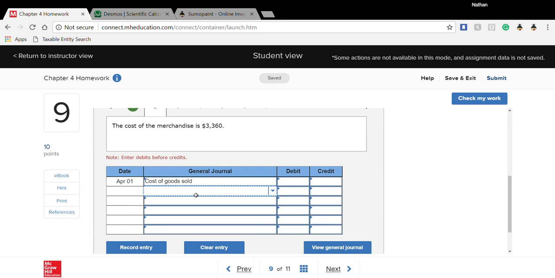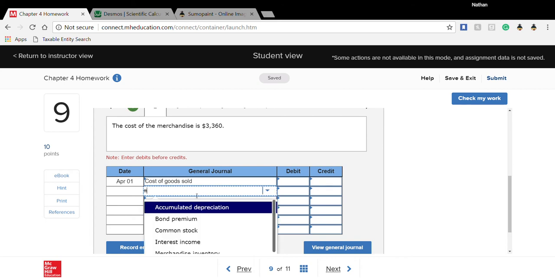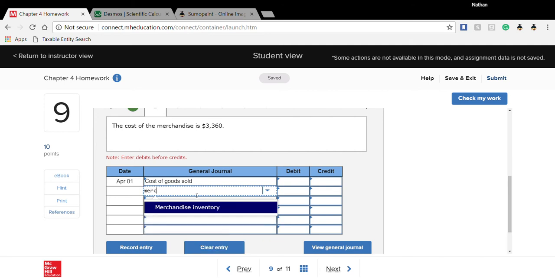So with this, our expense is increasing, but our credit will be merchandise inventory. Again, we lost ownership of that inventory. We sold our rights to it. And it's just going to be how much the cost was. $3,060. So again, if you look at the buyer side, this is how much it cost us to buy the inventory or the merchandise.